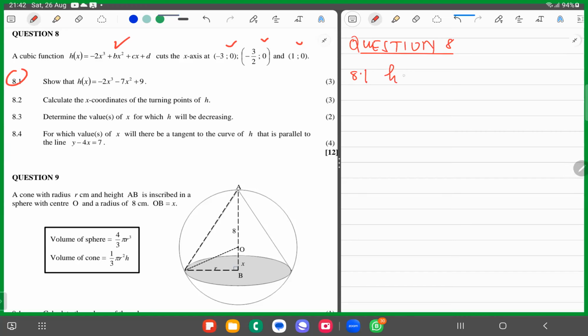That the function h of x is given by minus 2x cubed plus bx squared plus cx plus d, which means h of x is minus 2 into x plus 3 over 2, x minus 1, x plus 3. You can write like that.